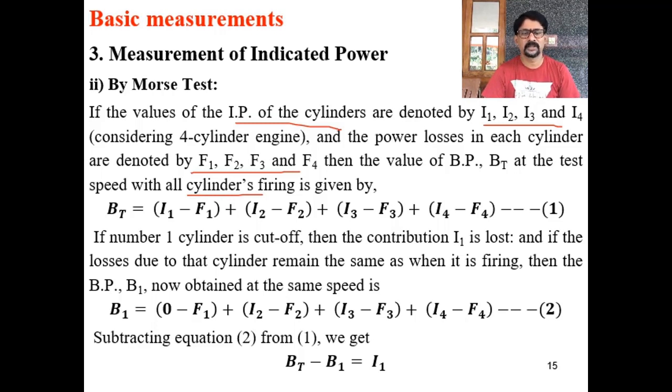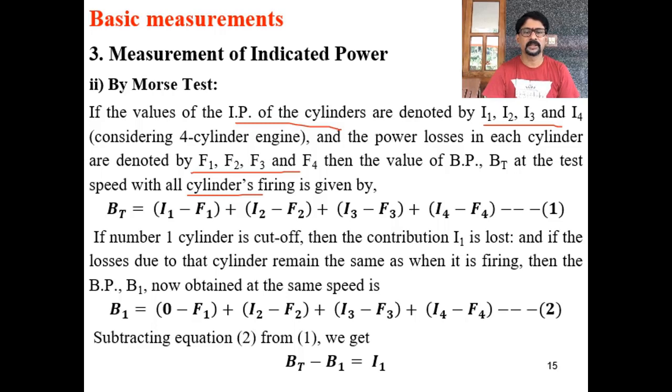See, when all the four cylinders are firing, power is developed by all the four cylinders inside the engine. So that is known as indicated power. I will denote it as I1, I2, I3 and I4. And there is frictional loss in all the four cylinders, which is denoted as F1, F2, F3 and F4.